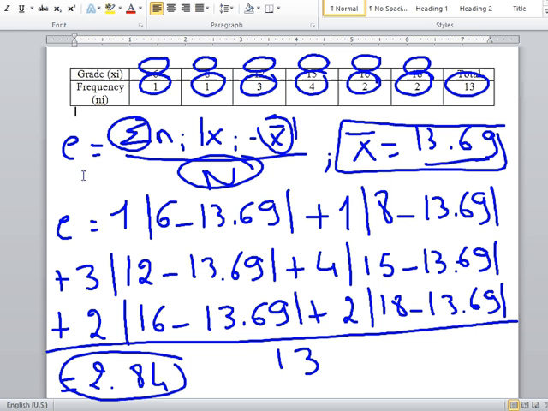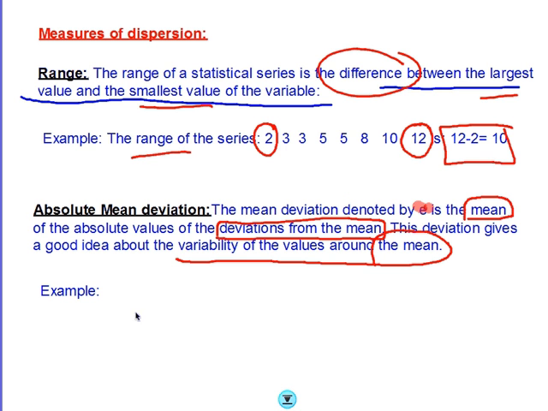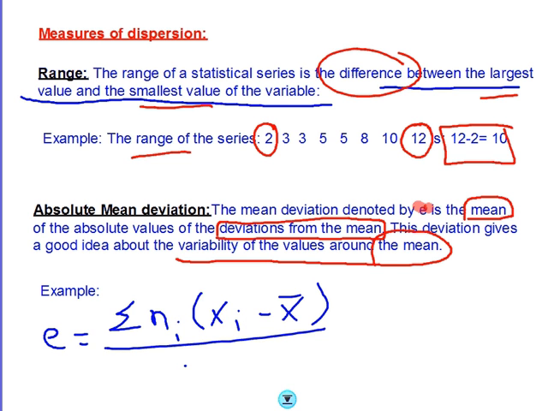Okay, if I didn't ask you about the absolute mean deviation, if I ask you about the mean deviation, you don't put absolute value of xi minus x bar, you just write it without the absolute value. So you write E equals summation of ni times xi minus x bar divided by n.